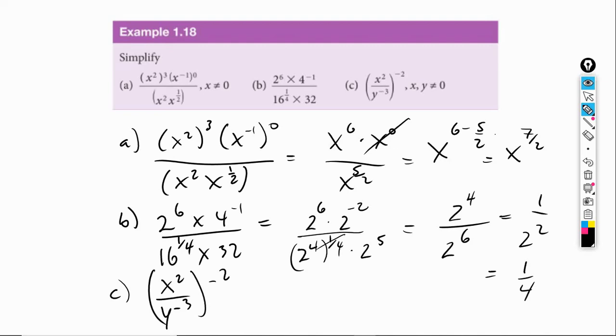What I'm going to do is simply multiply the exponents inside the quotient by negative 2. So I'm going to get x to the minus 4 over y to the 6. We can rewrite this as 1 over x to the 4 times y to the 6. Now remember that these are different bases, therefore we cannot add the exponents.